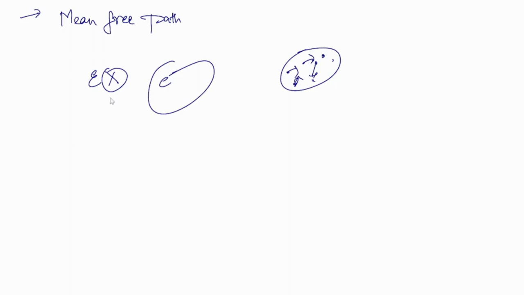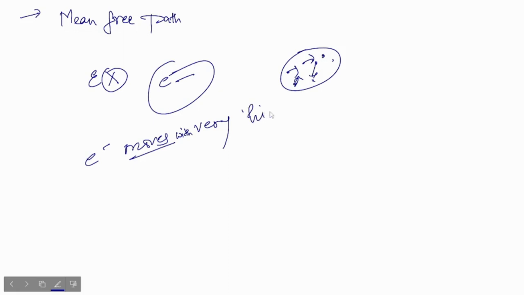The motion will be random, and these free electrons move with a very high thermal velocity in the vacant space between the stationary positive charges.